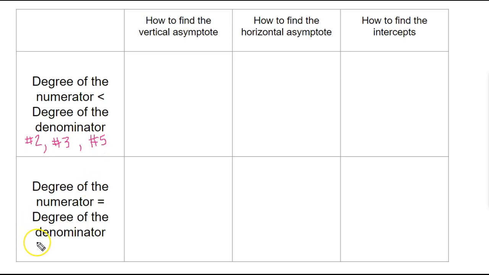Of the 6, where the numerator's degree was equal would have been number 1, number 4, and number 6. And so we want to look at those particular graphs and find things that we found were in common, things that were different. Were they really different, or were they just unique to each graph?